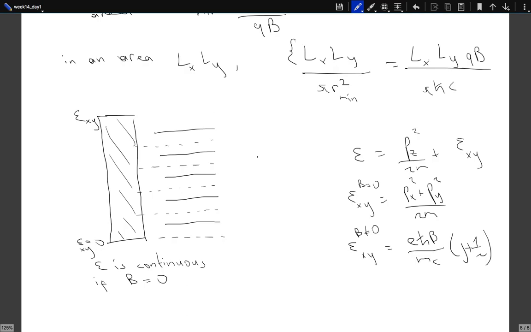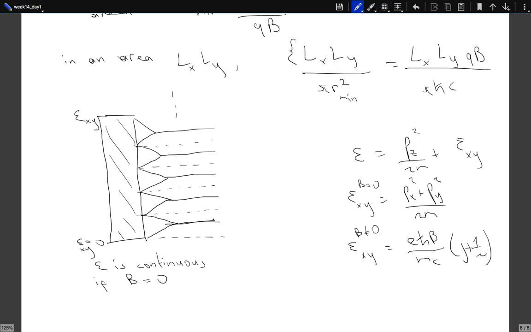As you increase B, all the levels within this range become degenerate, and similarly, all the levels within this range become degenerate, etc. That's the effect of the B field: it causes various states to become degenerate.